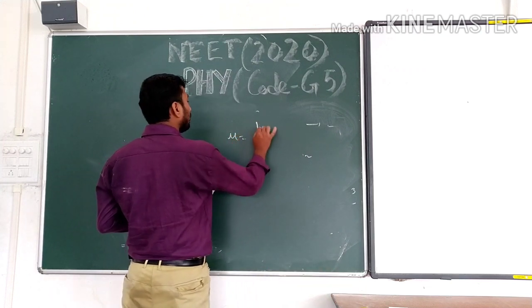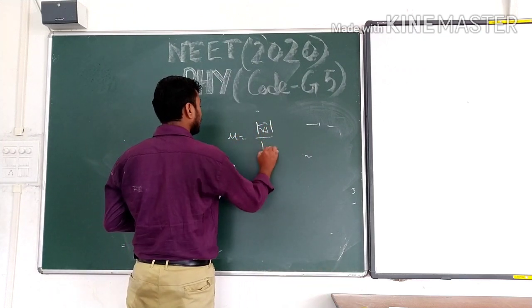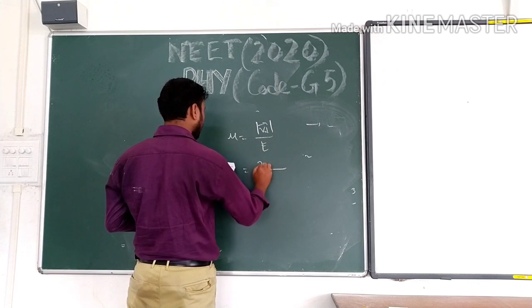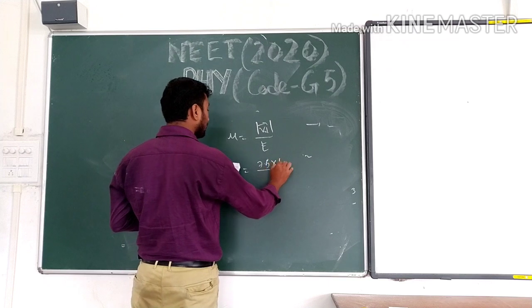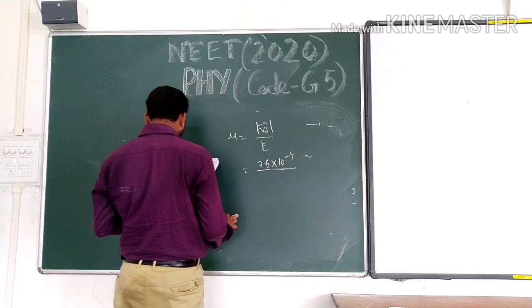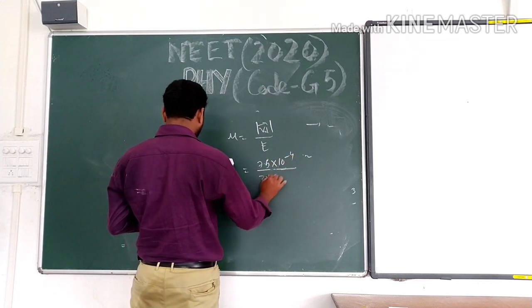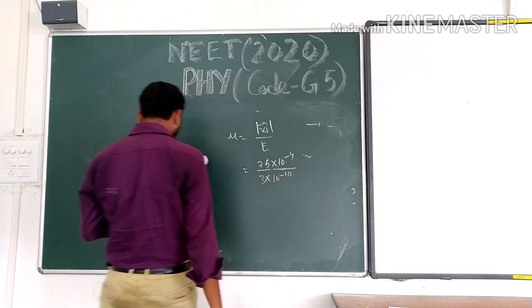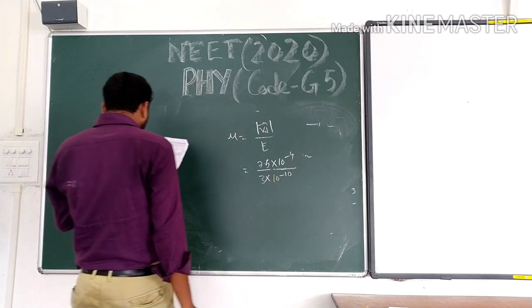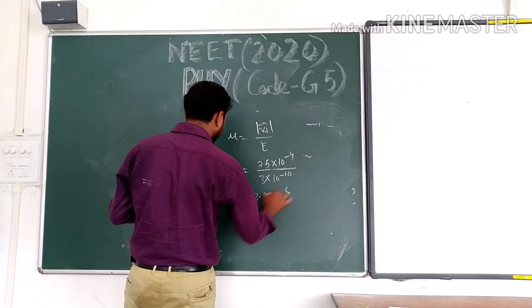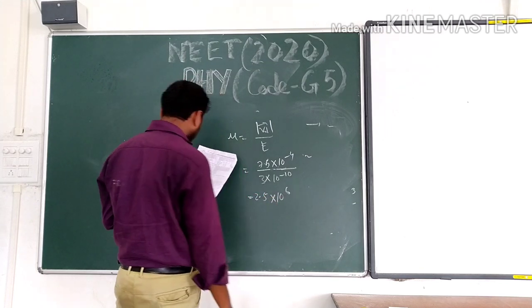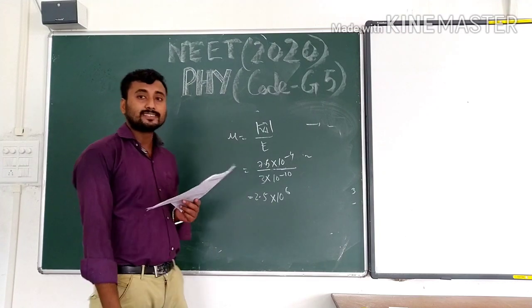Mobility equals drift velocity by electric field. Drift velocity is given as 7.5 into 10 to the minus 4, electric field intensity 3 into 10 to the minus 10. So it will be 2.5 into 10 to the 6. Option 1 is correct.